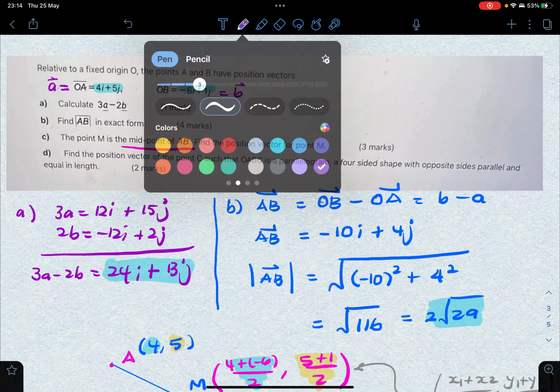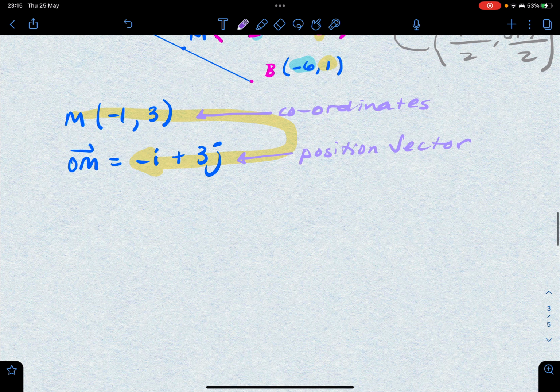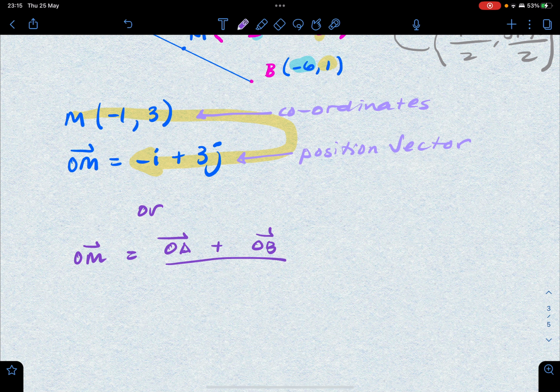We can do it that way as well, if you like. We can say OM equals OA plus OB over 2.